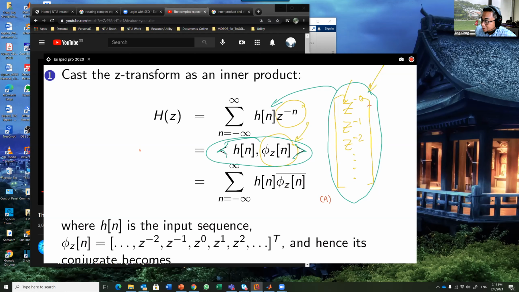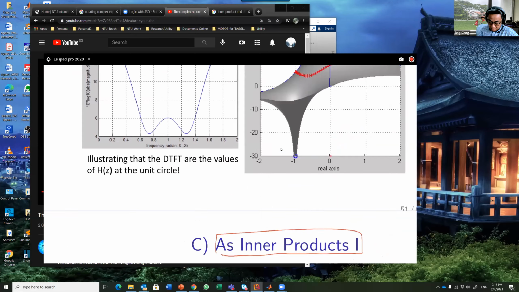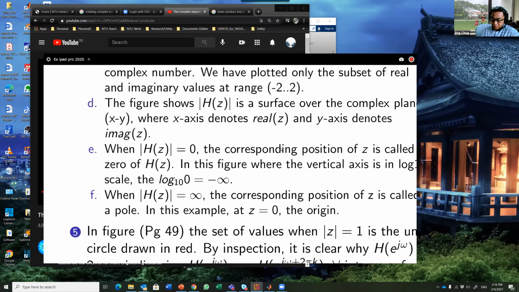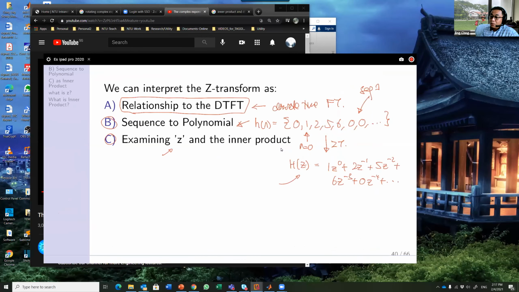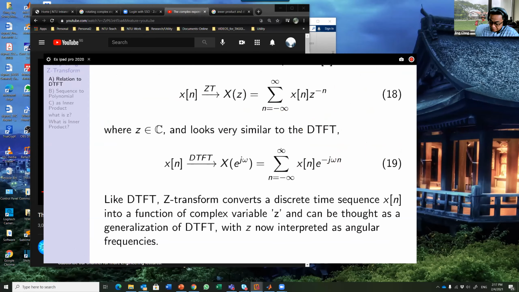Once you have this interpretation, then you can go back to the first DTFT. You'll realize that the first interpretation is the easiest.